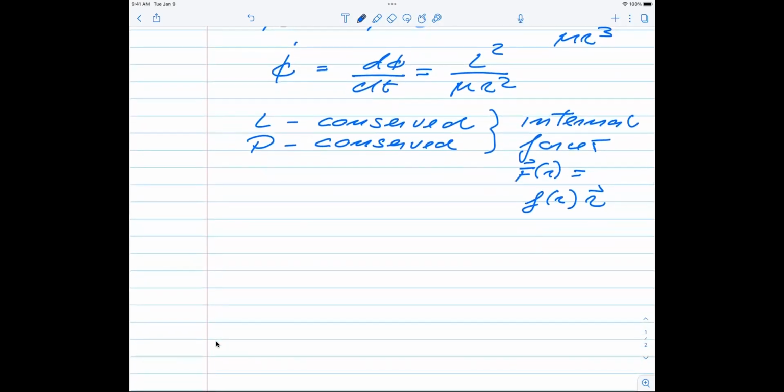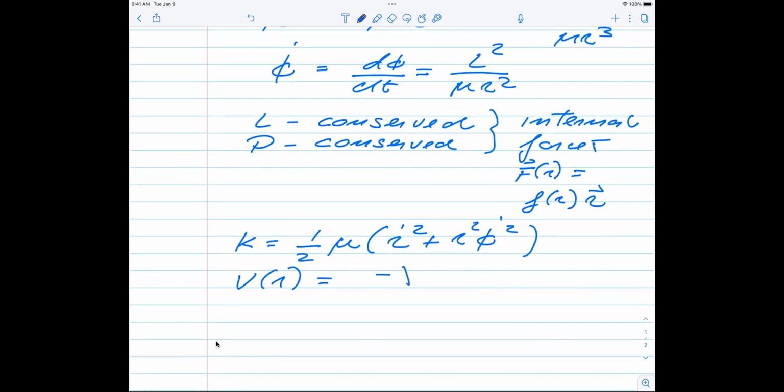Okay, and then we knew that the kinetic energy is given by 1/2 times mu, times the radial velocity squared plus r squared times the angular velocity squared. The second term is a term which we normally bring into an effective potential, and the potential in itself is something which we write in terms of a parameter gamma divided by r to some power of beta.